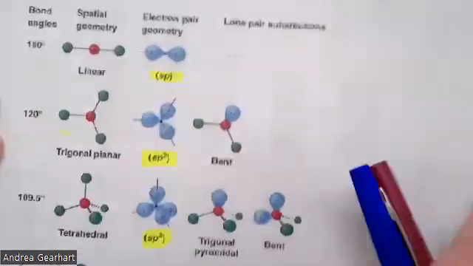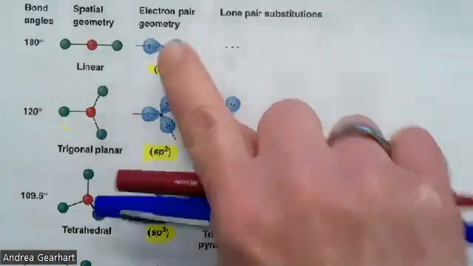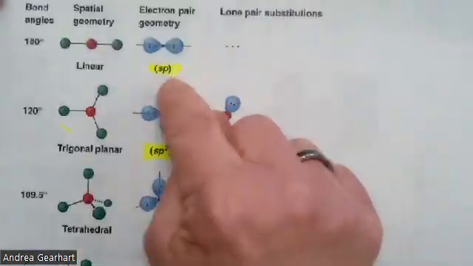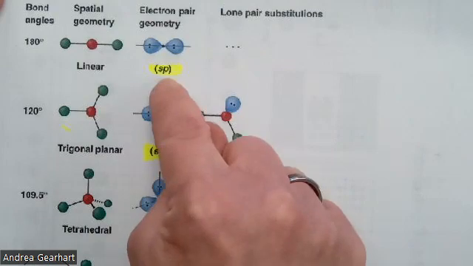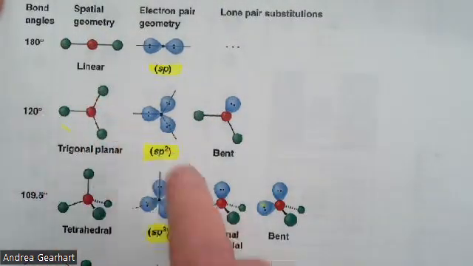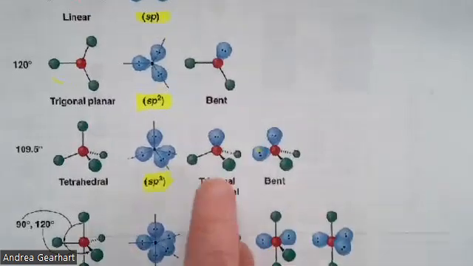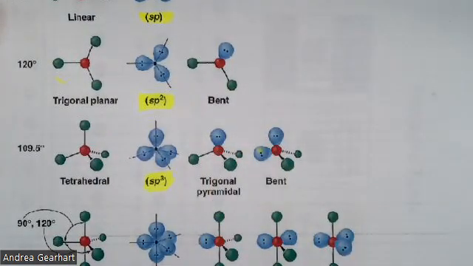So the geometries that we went through are actually connected or related to electron areas. And so linear is sp hybridized, 2 electron areas. Trigonal planar, sp2. Tetrahedral, sp3. And of course, it's that same hybridization if they're lone pairs.